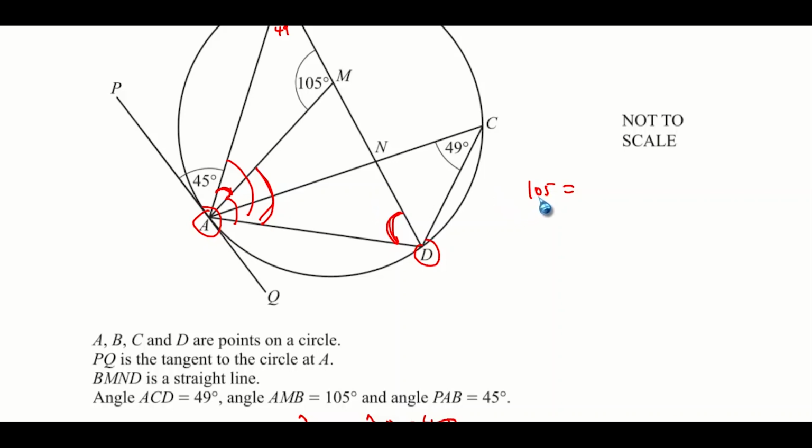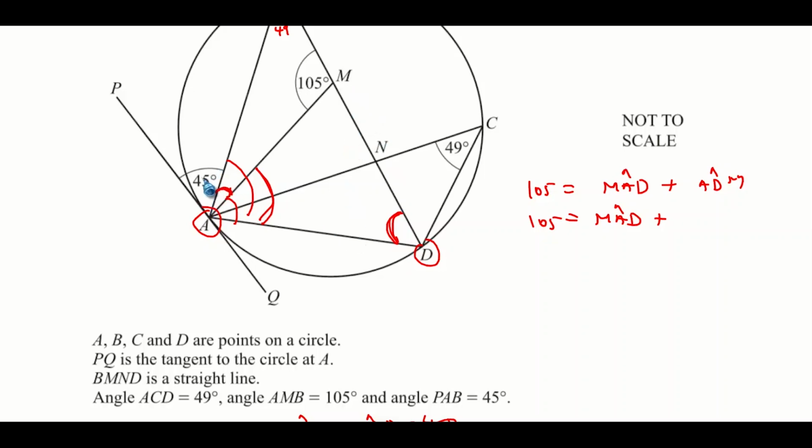So 105 will be equal to MAD plus ADM. So to get MAD, we need to get ADM first.